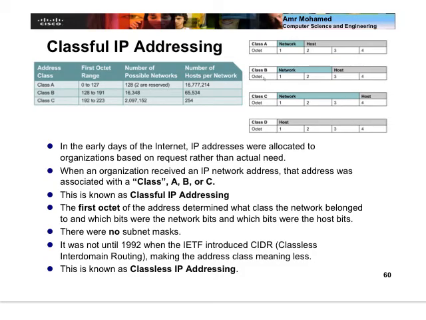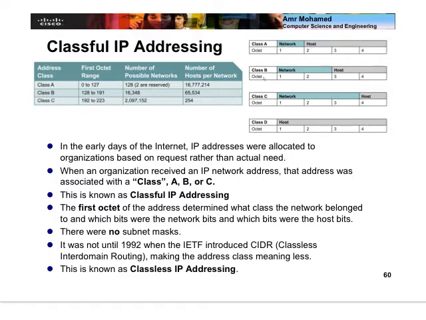And classful talks about the fact that we don't have to have the subnet mask accompanying the IP address every time we send an IP address. So the subnet mask is going to be inferred or extracted or guessed just from the address itself.